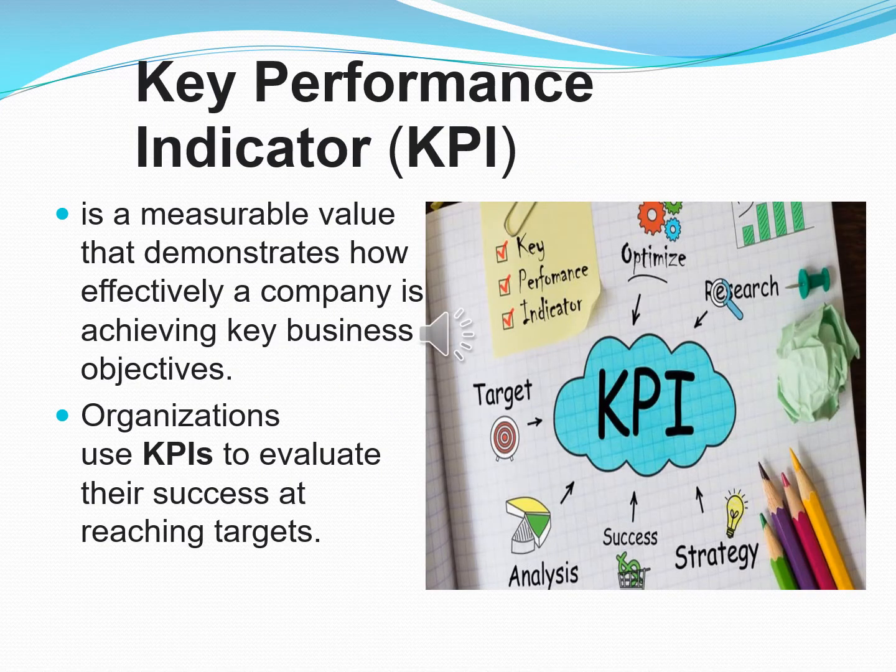So let's also define what we mean by key performance indicator. It is a measurable value that demonstrates how effectively a company is achieving key business objectives. Organizations use KPIs to evaluate their success at reaching targets. So basically these are factors we look at to see if we are going in the right direction to reach our targets.